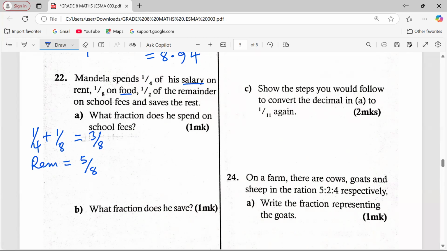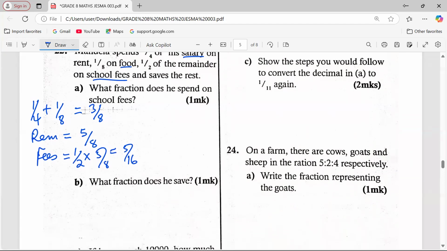Then half of the remainder goes to fees, which is 5 out of 16. So 5 of 16 is what goes to school fees.